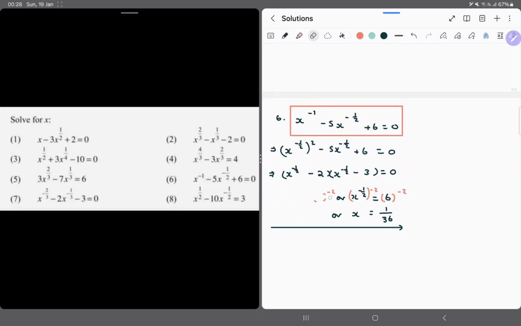As you can see, guys, the check will always save you, because it looks as if everything has worked out nicely and it doesn't reflect anything. So a mistake is uncovered by proper check into a correct original. Okay, so this implies that x to the minus a half is 2, or x to the minus a half is 3.